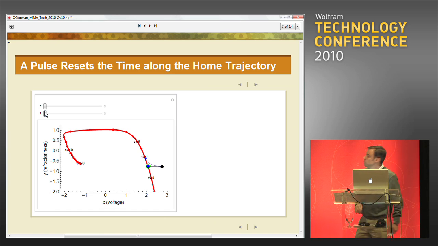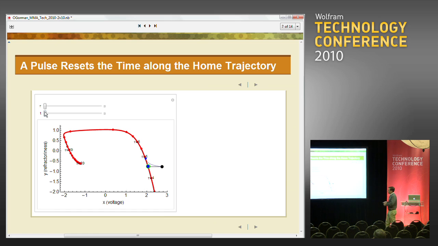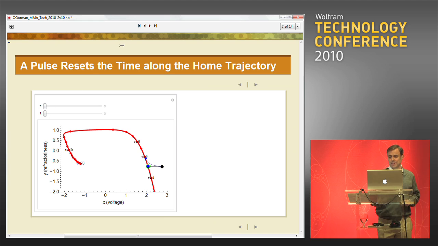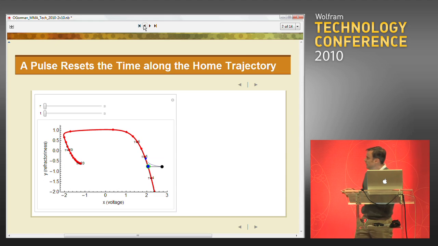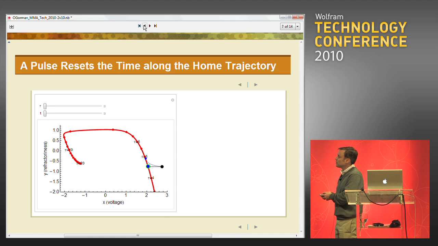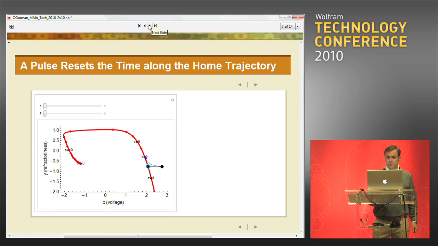And so if you make a map, if you ask where you are reset to for every initial value of tau, then you've sort of captured the entire dynamics of the system for a pulse of that amplitude. So we showed before that any value of tau that's really close to rest will get reset to something like tau equal 4.